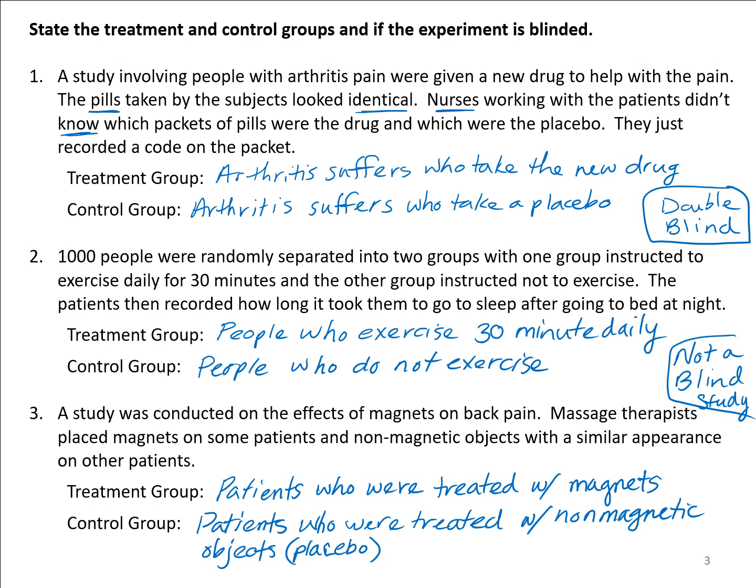And it doesn't tell us much about the massage therapist, but my guess is the massage therapist would know whether the objects are magnetic or not, just simply because with magnetic objects, all you need is something to attach to them, like a paper clip, and it would be easy for that to accidentally happen. So I would guess that this is a single blind study.